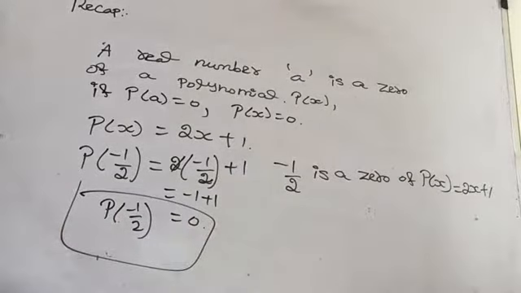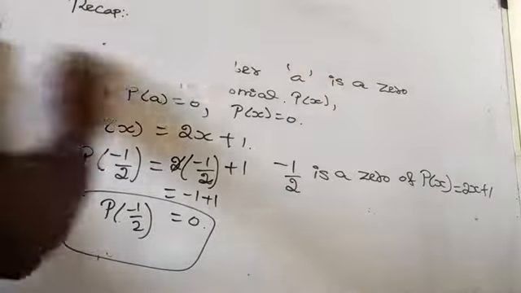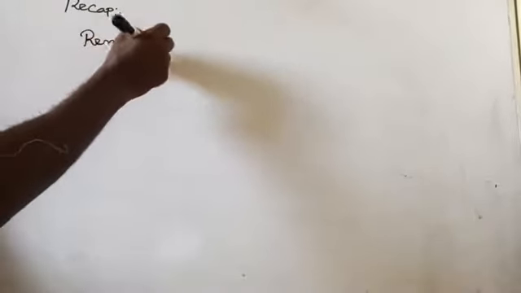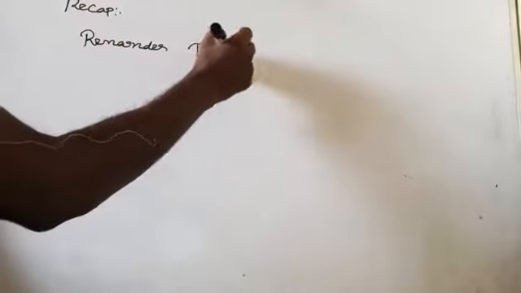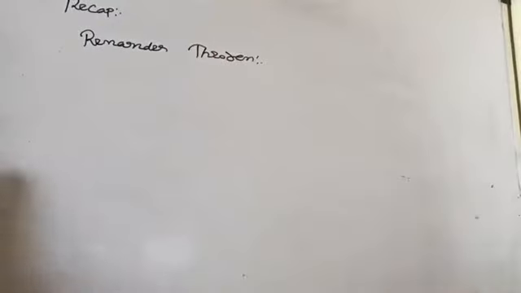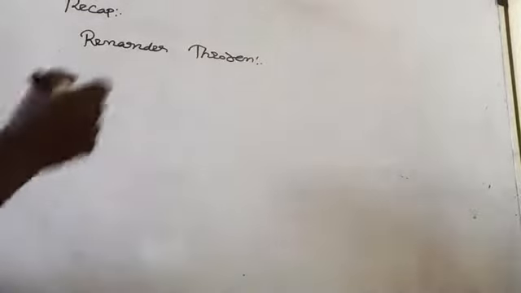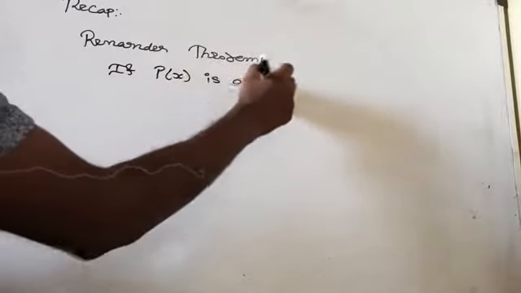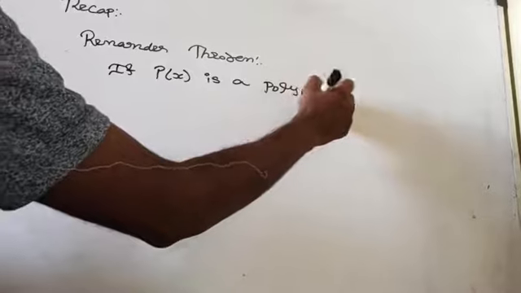And then after that, we are having linear polynomial. Then remainder theorem. If P of x is a polynomial of degree greater than or equal to 1.